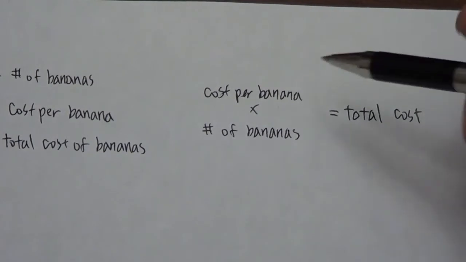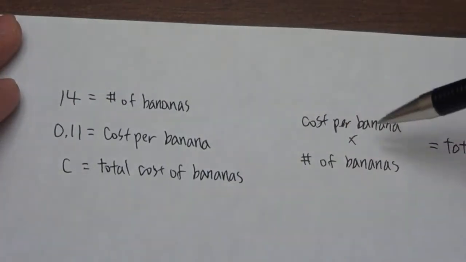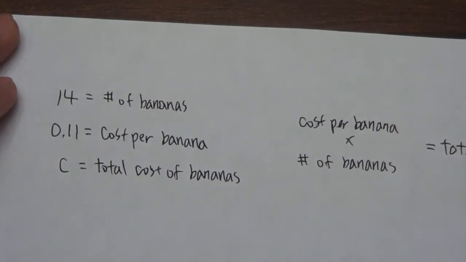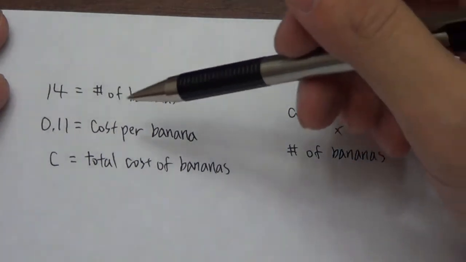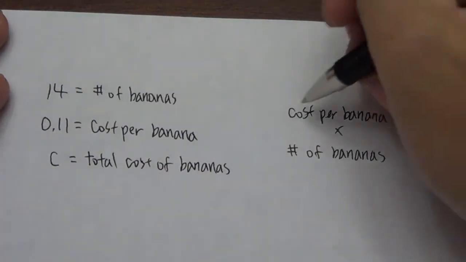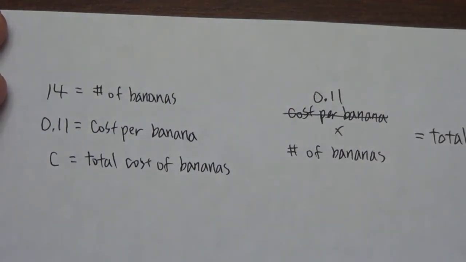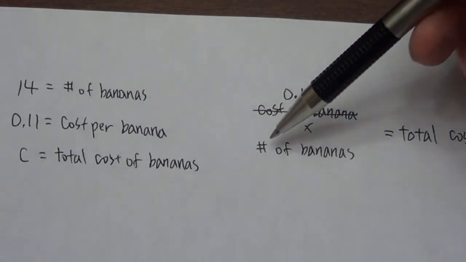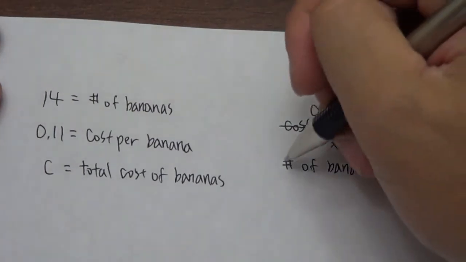Now that we have our equation in word form, we can go back and substitute the numbers in. Do we have something that represents the cost per banana? Yes, we do. It's 0.11. So substitute that in. Now, do we have something that represents the number of bananas? Yes, the number 14.